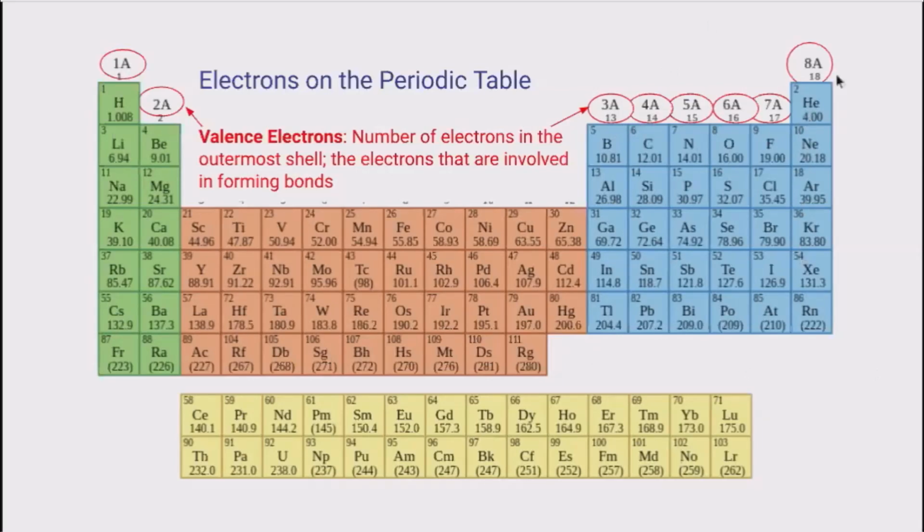Noble gases have a full octet, meaning they have 8 electrons in their shell, meaning that their outer shell is full, right? Because the shell is full when there's 8 electrons in there. So these top numbers tell you any element in those columns has that many valence electrons, however many in the column.